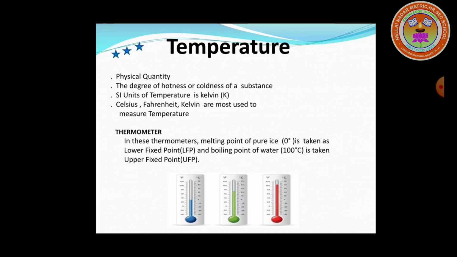Now let us move on to the readings on the different scales. The upper fixed point in the Celsius scale is 100 degrees Celsius, in the Fahrenheit scale 212 degrees Fahrenheit, and in the Kelvin scale 373 Kelvin.